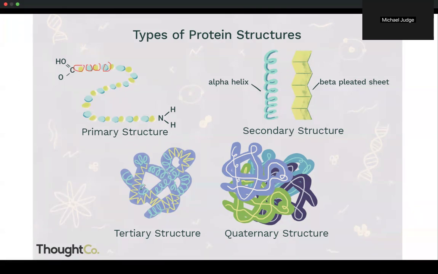As it folds up, one of the things that happens is that all of the hydrophobic, all of the nonpolar, all of the fat-soluble side chains, those all end up going kind of toward the center of the protein. We would call that center the hydrophobic core of the protein, right? And there they would be buried away from water.